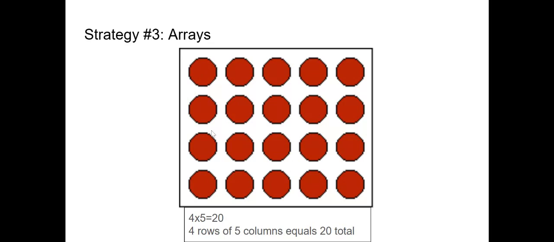So everything that's going side to side, that's a row. And everything that's going up and down, that is a column. And we multiply our rows by our columns. So we multiplied our 4 rows by our 5 columns to get 20 total dots in this array.